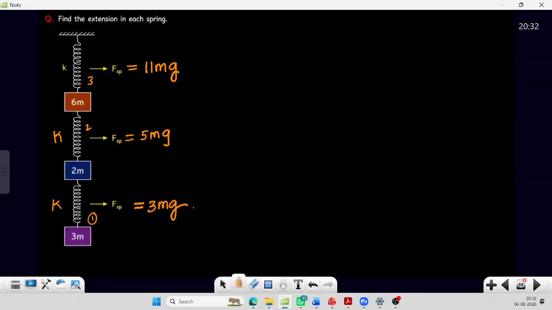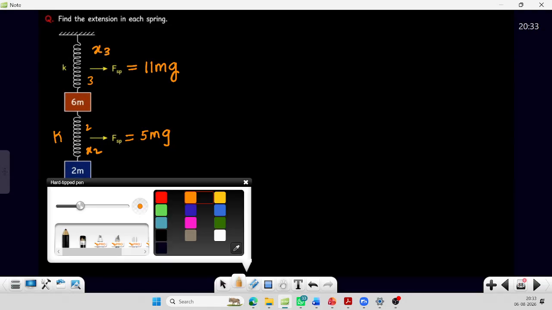Right. See how much the sum is. And here you see this thing. Now the elongation in this spring, if I call it x1, this spring x2, and this x3.